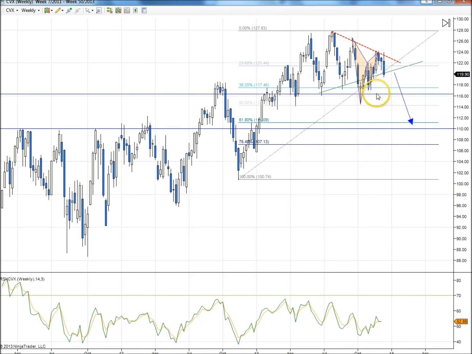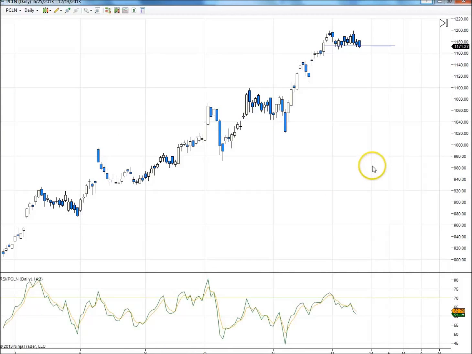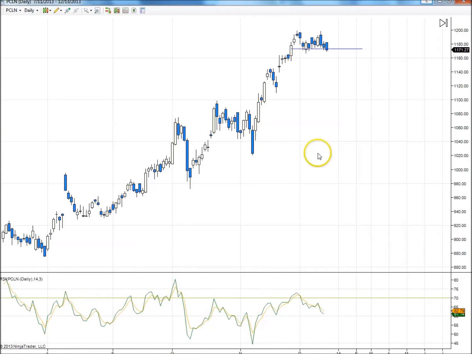So definitely we could see it pulling all the way back to the 61.8 if we see a break below this uptrend line. Priceline, last stock I want to talk about today.